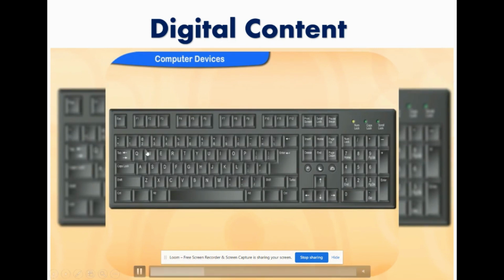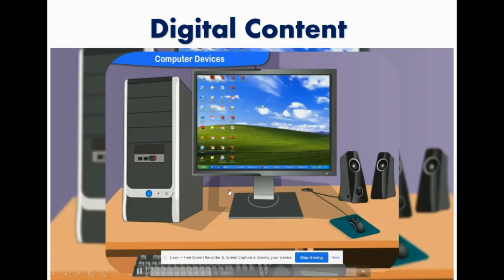We input the values by the keyboard and get the output via the monitor. These are the keys that I pressed, Q W E R T Y, and we get the output via the monitor panel.